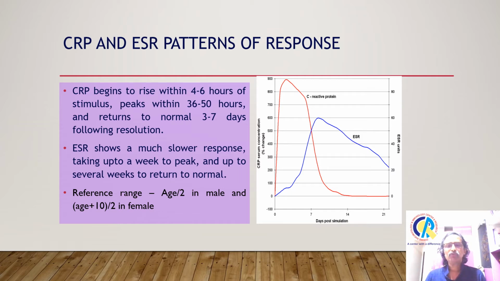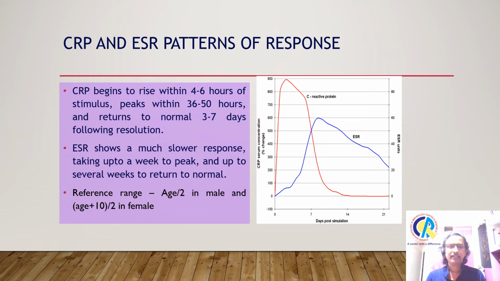Within 2 to 5 hours, sometimes as late as 7 hours, but usually within 2 to 7 hours, the CRP starts rising. It may continue to rise as long as the inflammation continues, and once the inflammation recedes, normally in 2 to 3 days, it starts dropping, and by the end of the 7th day, it normally goes for a complete resolution or complete reduction.